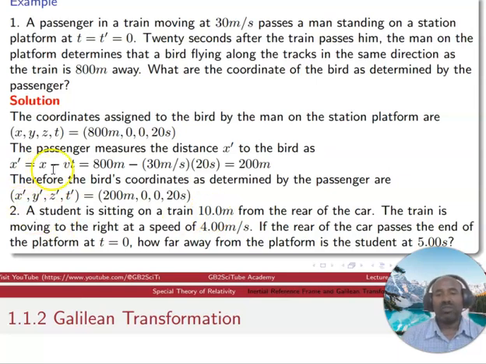So x prime is obtained by computing x minus vt. So 800 minus 30 times 20, which is 600, gives 200 meters. Therefore the bird's coordinates as determined by the passenger are x prime, y prime, z prime, t prime equal to 200, 0, 0, and 20 seconds.